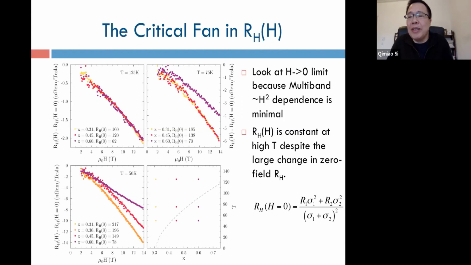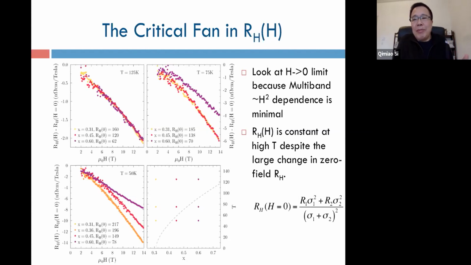But one way that has been fruitful in those two types of systems for comparison is to look for the isothermal dependence of the Hall coefficient and see whether, first of all, there's any rapid change in the vicinity of the quantum critical point, and if so, whether there's a sharpening as a function of temperature.